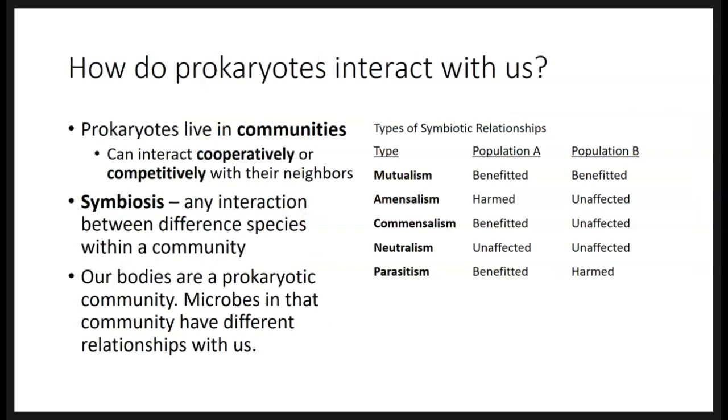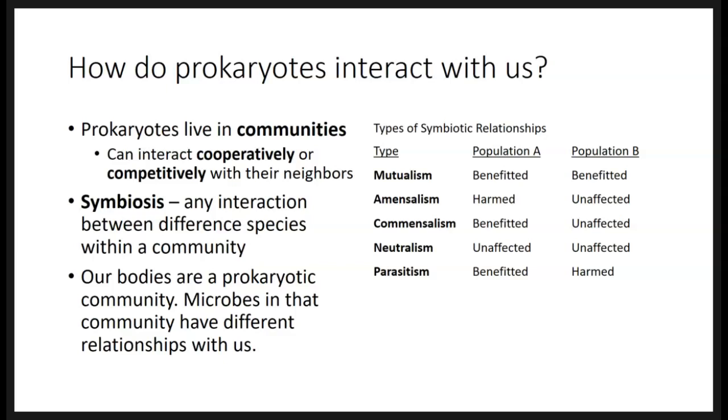Prokaryotes live in communities. Even though they're single-celled organisms, they can interact both cooperatively and competitively with other organisms in their environment. Symbiosis is any interaction between different species in a community, and there are many different types of relationships that prokaryotes can have with other organisms.